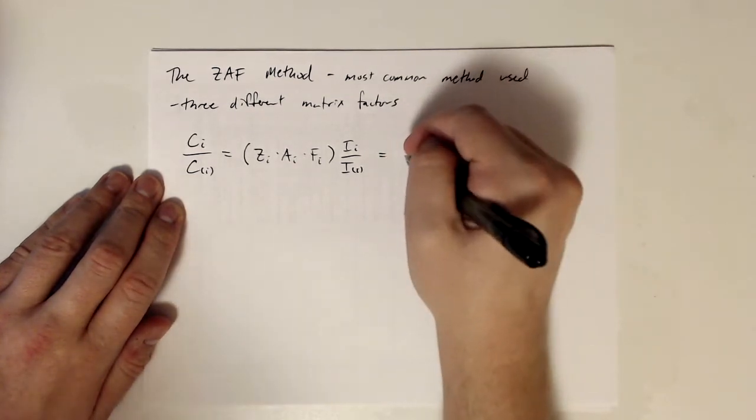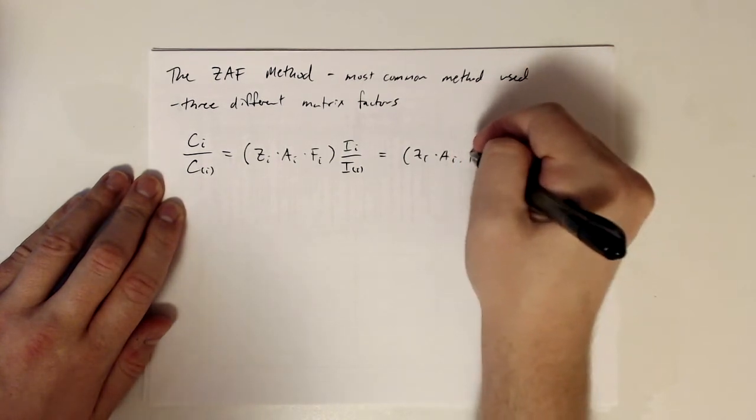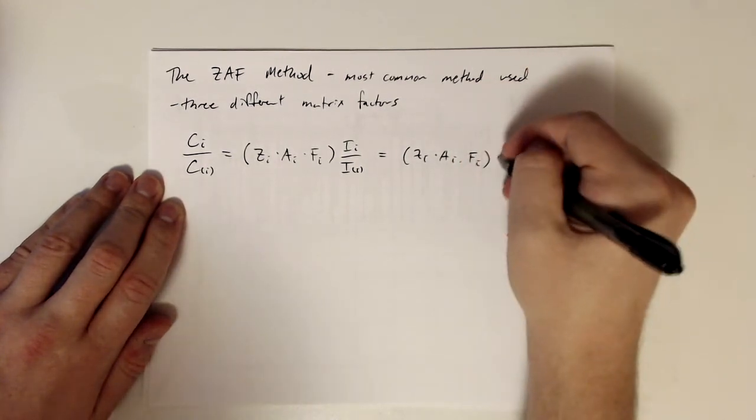That is equal to Z, A, F, multiplied by k.